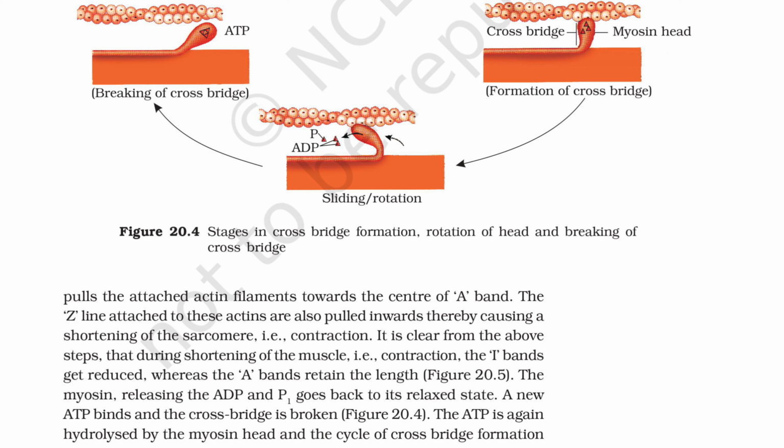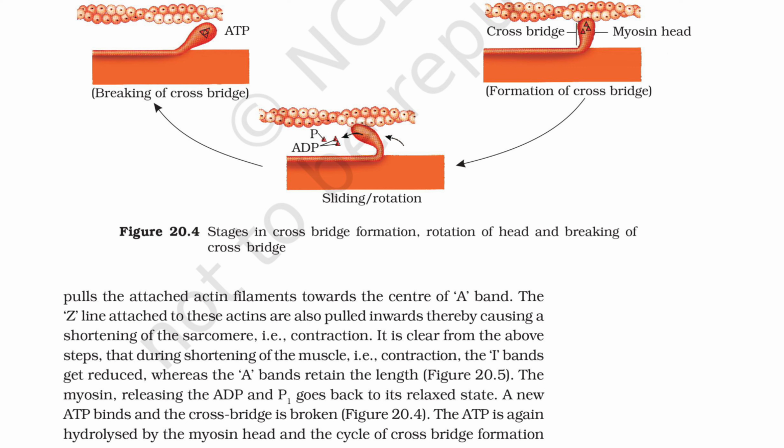The Z lines attached to these actins are also pulled inwards, thereby causing a shortening of the sarcomere, that is, contraction. It is clear from the above steps that during contraction, the I bands get reduced, whereas the A bands retain the length.